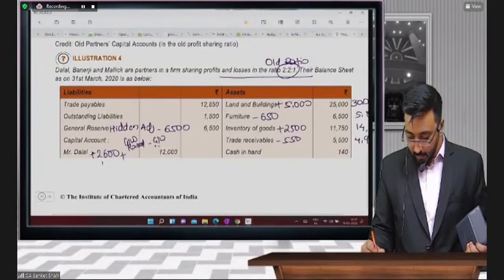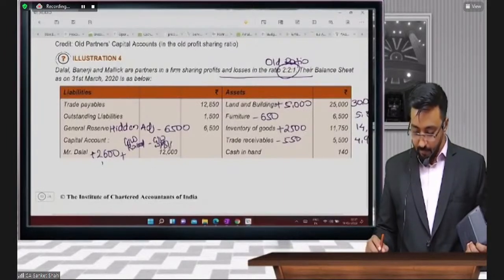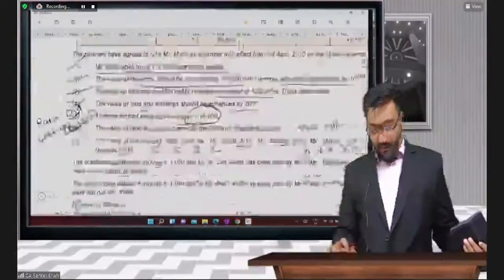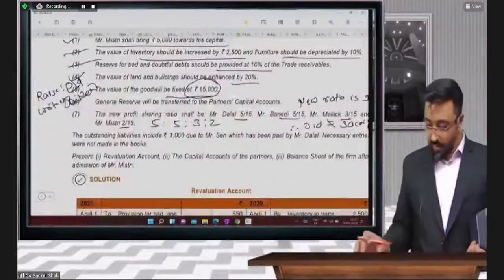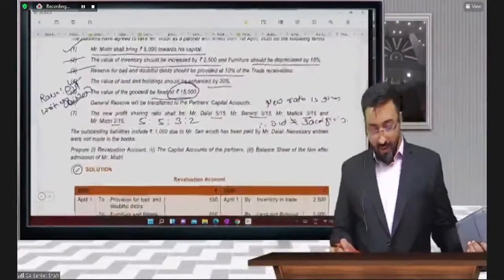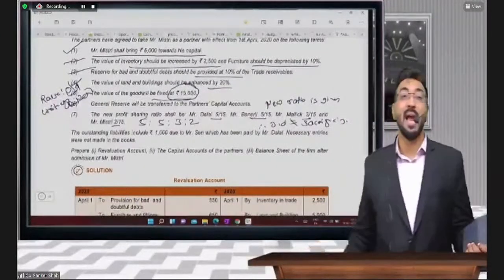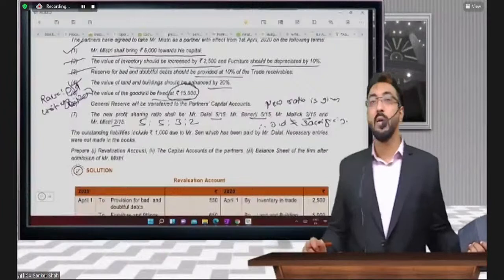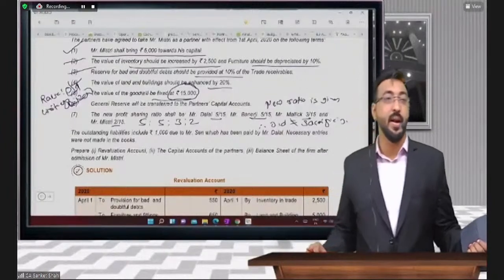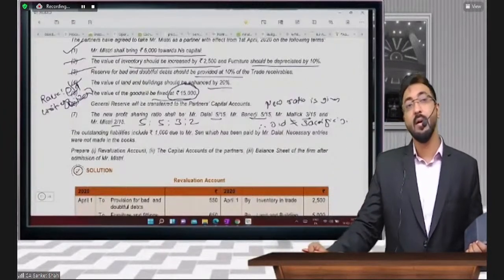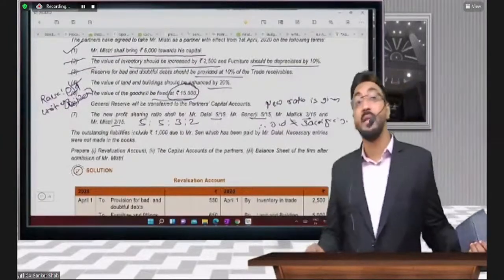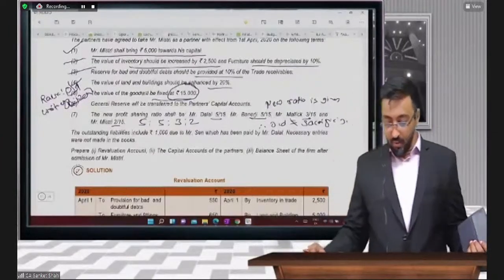Raise means old capital is credited, and credit means add. Written off means all new capitals will be debited in the new ratio. Debit capital means less. So tell me the amount.